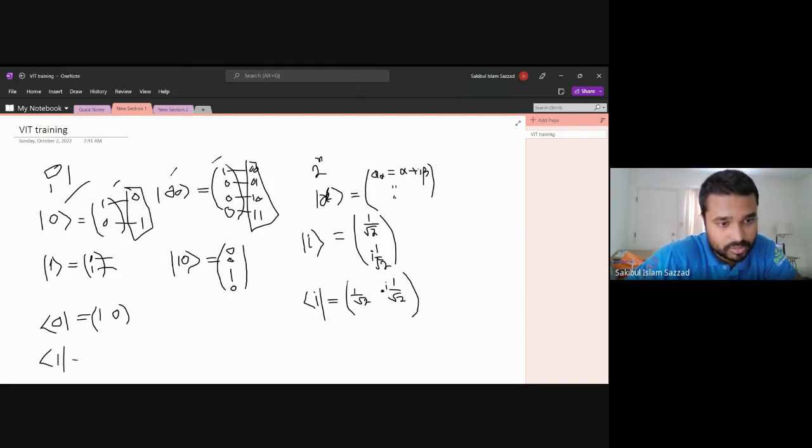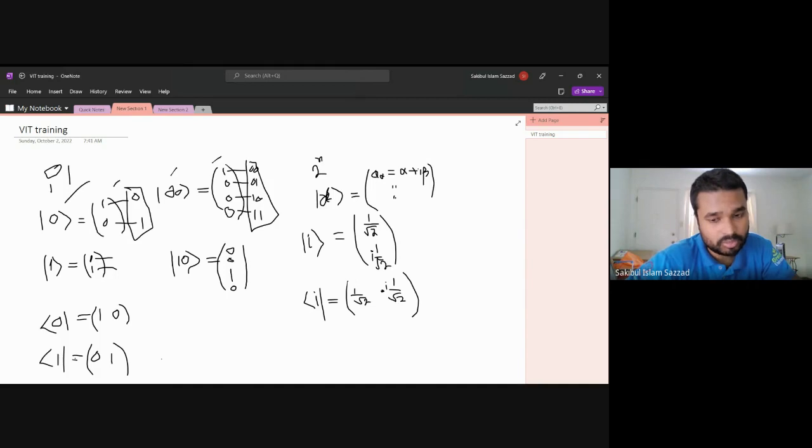I will just make this column vector into a row vector. So it will be 0 and 1. Basically, this is ket and bra notation.